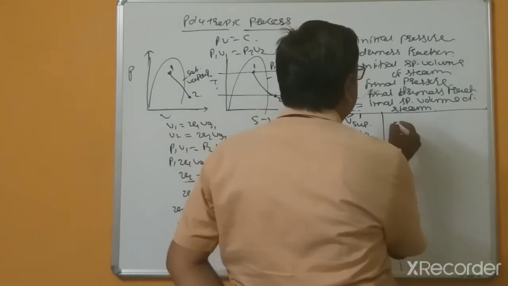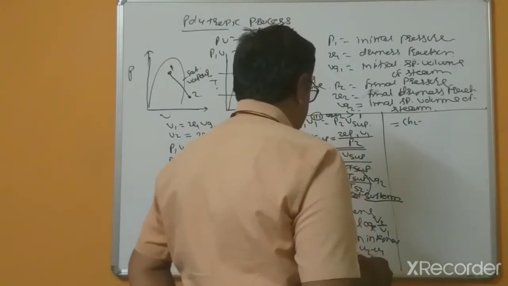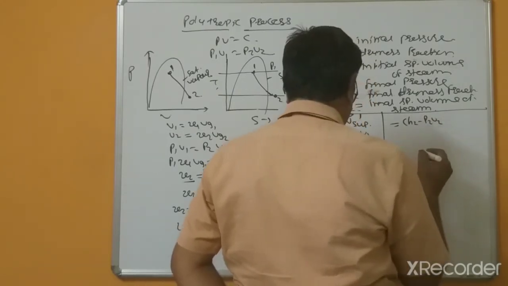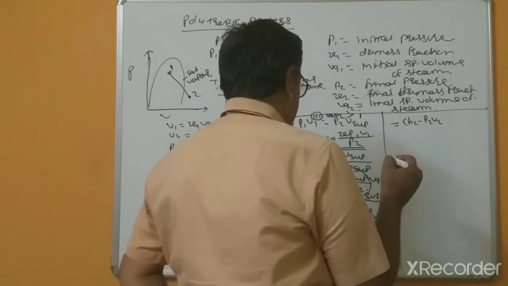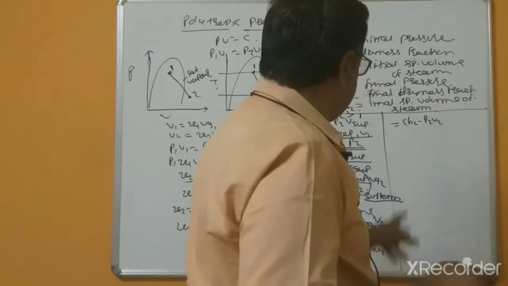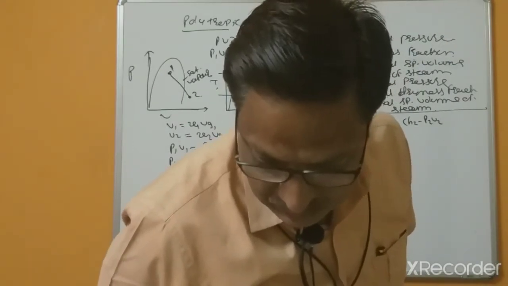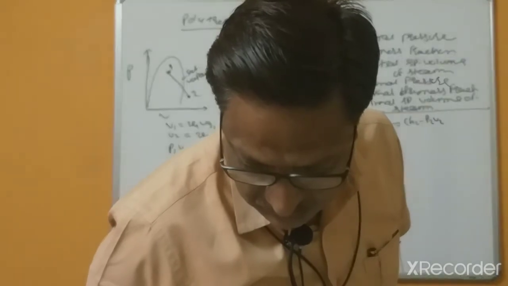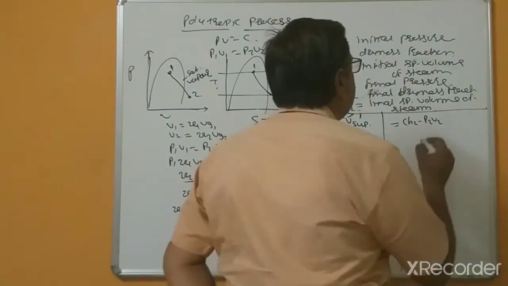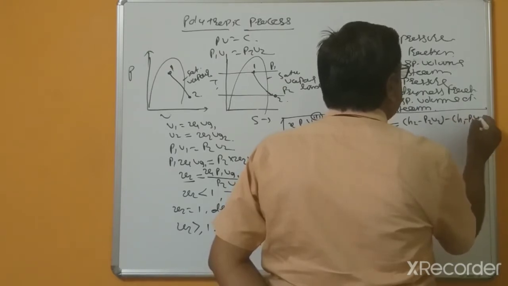So U2 minus U1 equals H2 minus P2 V2, minus H1 minus P1 V1.